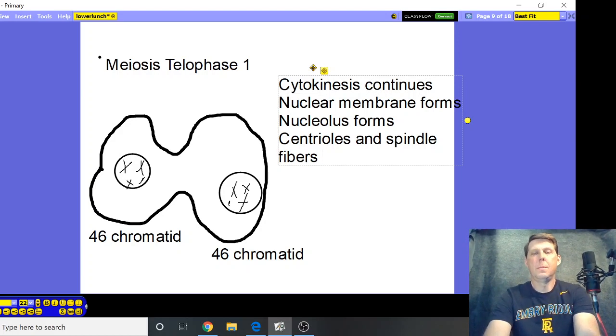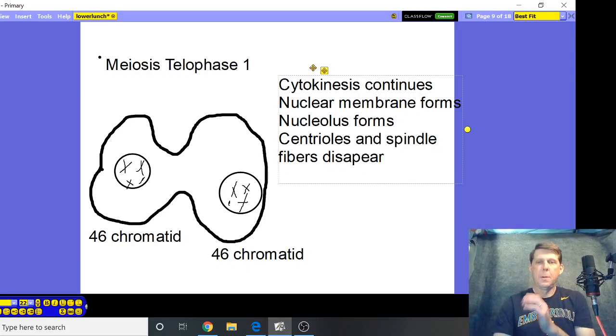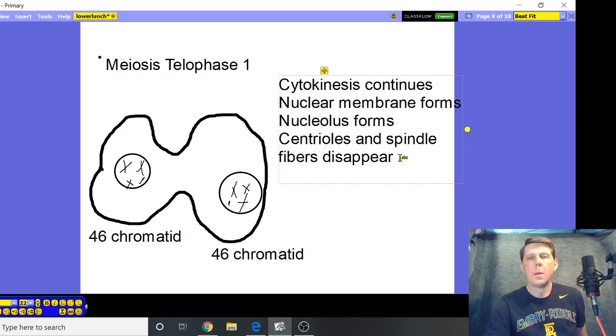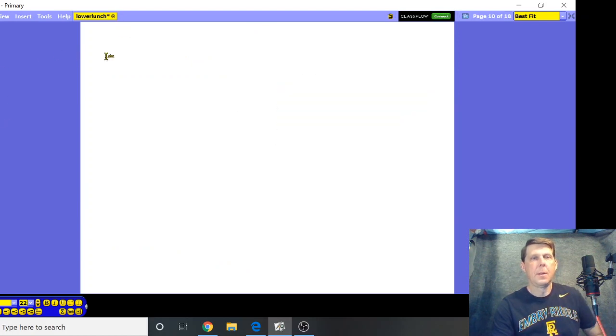Spindle fibers, what? They disappear. Okay. Looking pretty good. All right. On to, oh yeah, cytokinesis continues. I don't want to forget about that again. All right.